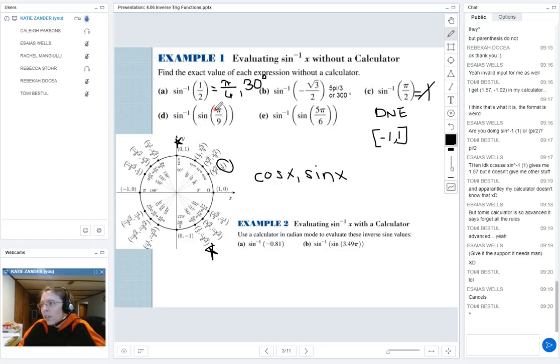So if pi over 9 is in the restricted domain, and let's just go ahead and check real quick if it is. So pi over 9 is 0.34. 0.34 is between -1 and +1, so it should be okay for our domain. So if it's okay for the domain, those are going to cancel out, and we are left with just the pi over 9.